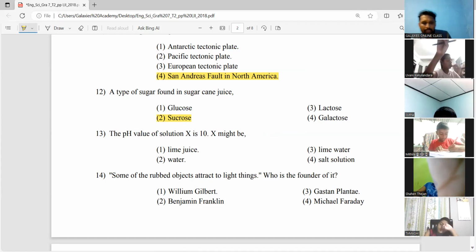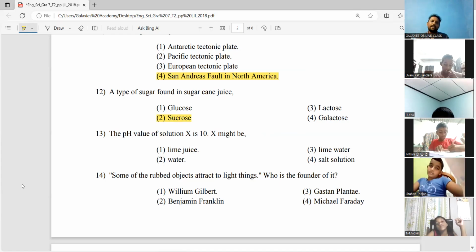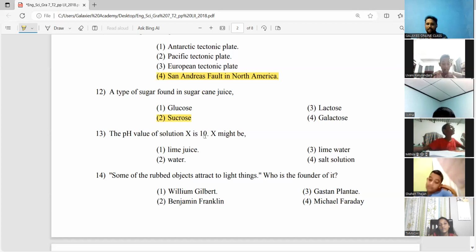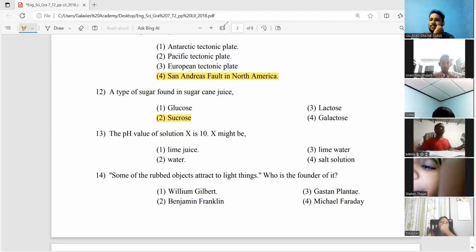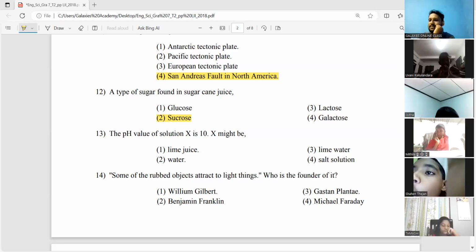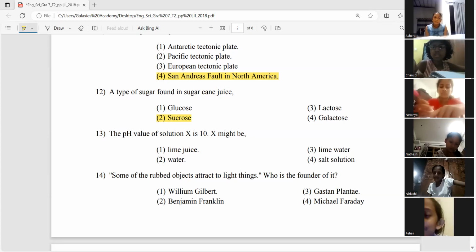Right. Number 13, look at. The pH value of solution X is 10. Before we discuss this one, can you tell me what the pH range is? What's the pH range? Did you learn about pH? You learned about the pH range.